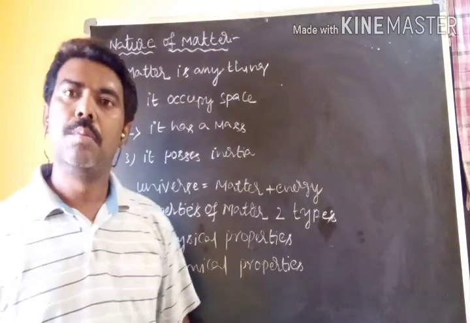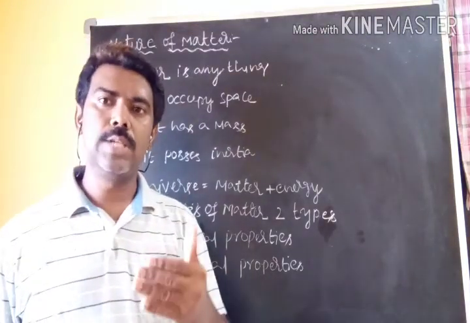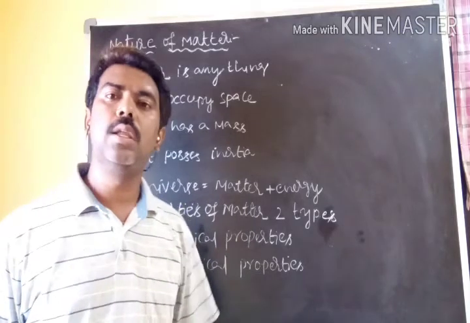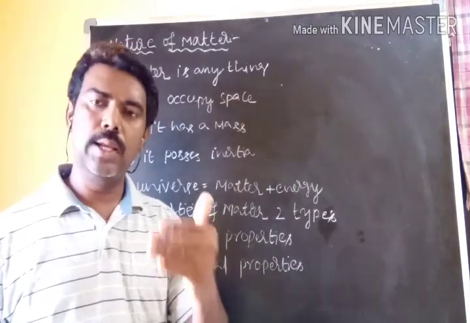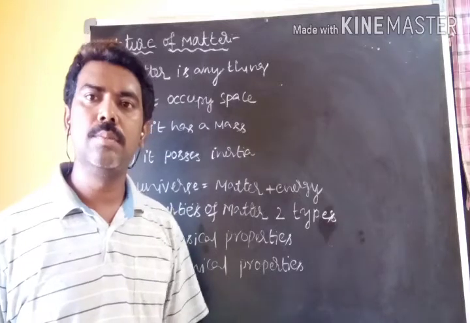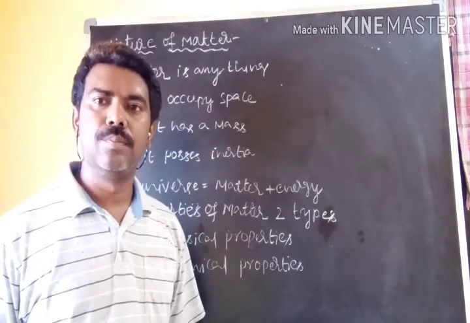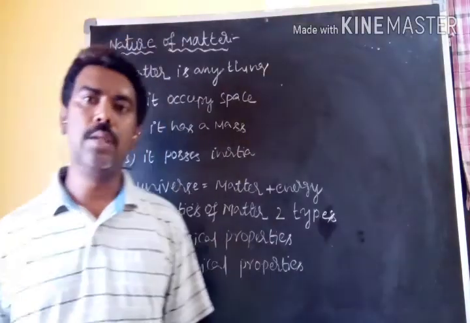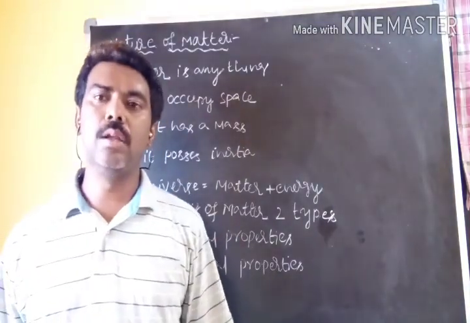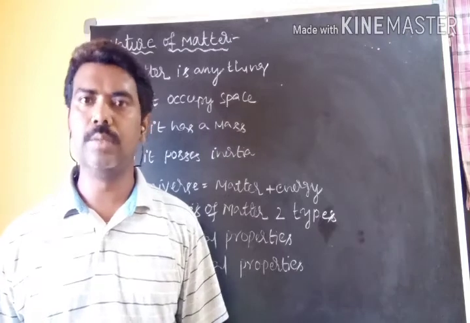Based on the physical properties we can classify the matter, and that is called physical classification. Based on the chemical properties we again classify the matter, and that is called chemical classification. So there are two types of classification of matter: physical classification and chemical classification.